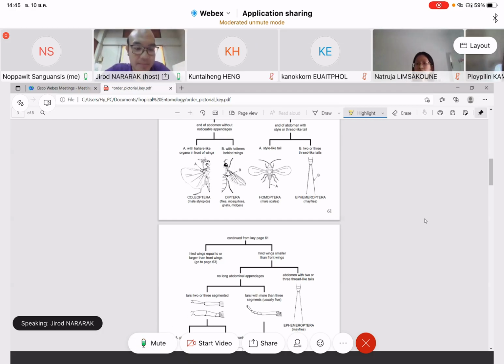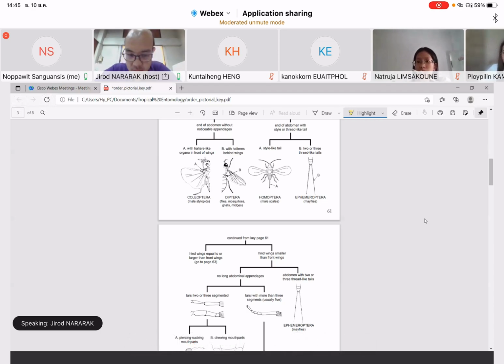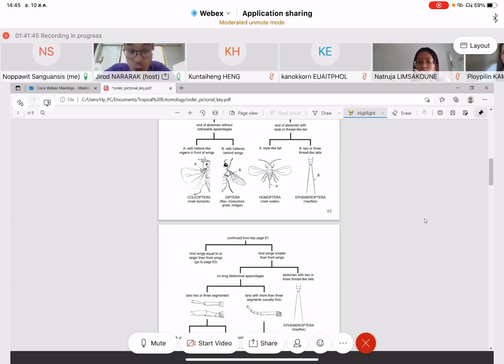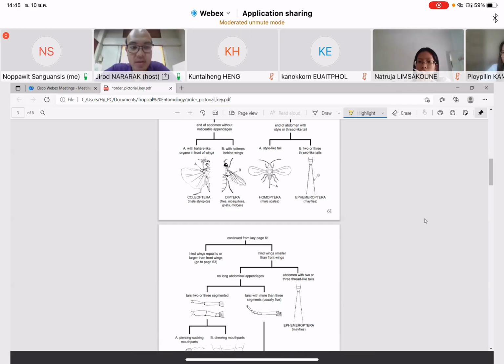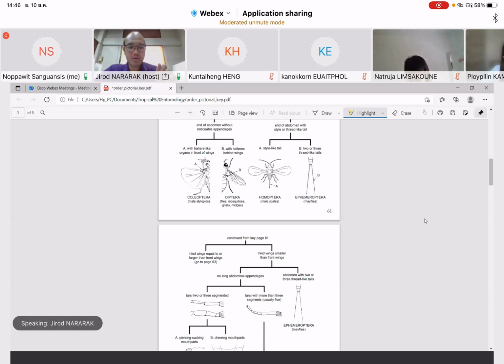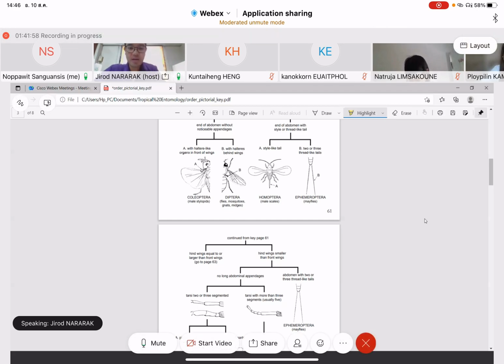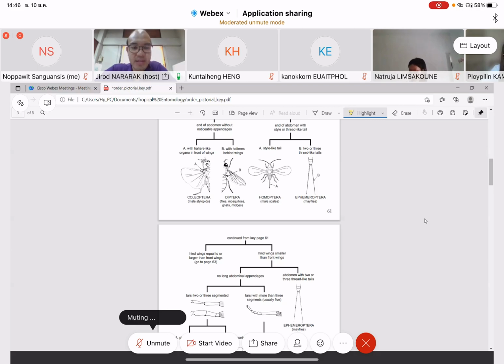Is it necessary to draw a picture? No. The pictorial keys already have pictures, so you just highlight the answer, step by step. Just remark. No need to draw. It's an easy one. This is 1 or 2 minutes. This will be done.